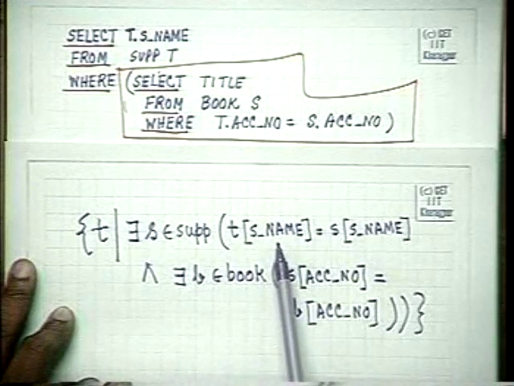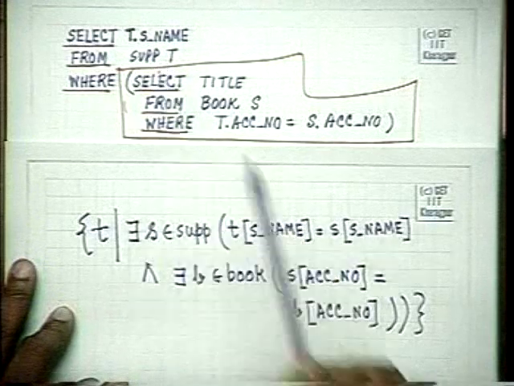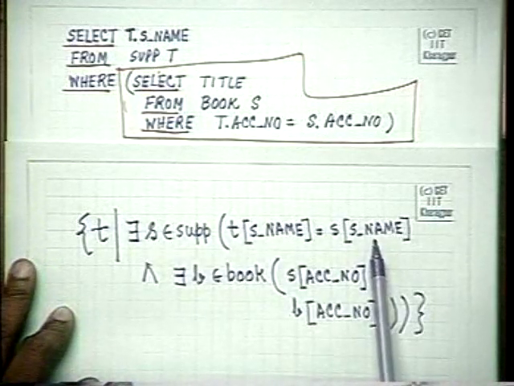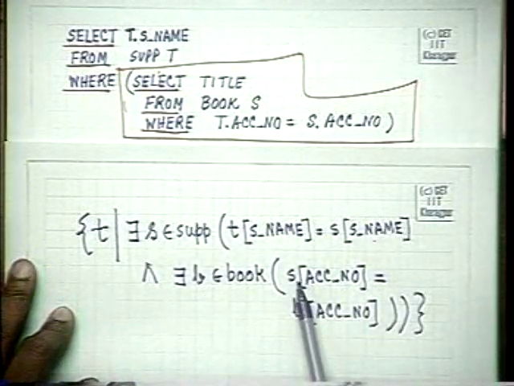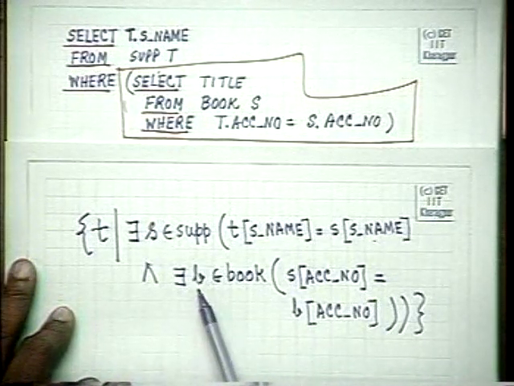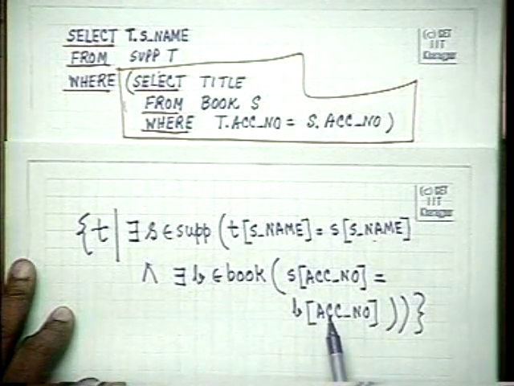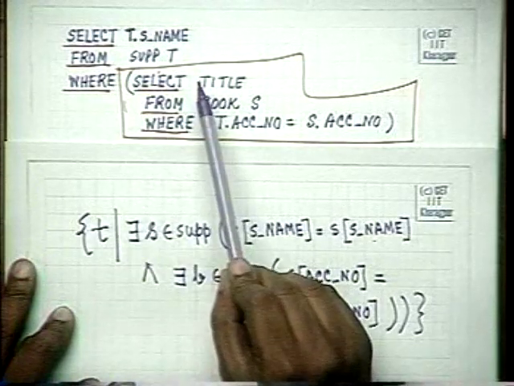I want only the name. That name must belong to some supplier, and that supplier must have supplied a book, and there must exist a tuple in book such that these two are equal. This is the meaning of this query.